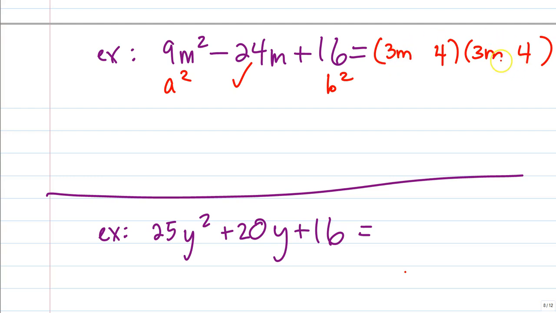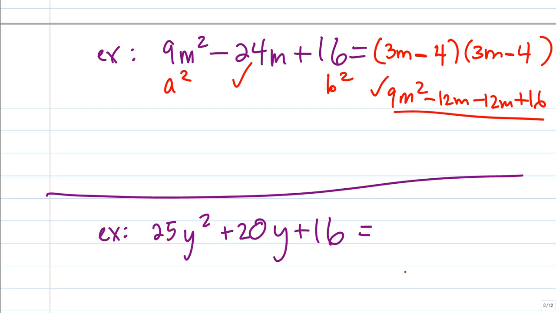Well, 3 times 4 is 12, and 3 times 4 is 12, but to make a negative 24, both those 4's would need to be negative. Check it out. I get 9m squared minus 12m minus 12m plus 16. It works. I like the pattern. I definitely check it. If it has an a squared at the beginning and a b squared at the end, I always check the pattern, but also verify that it actually gives you the answer.